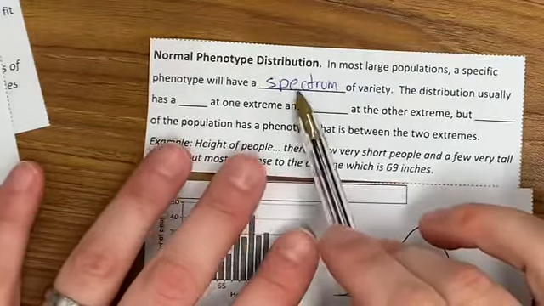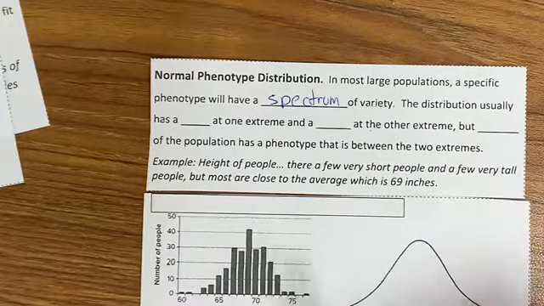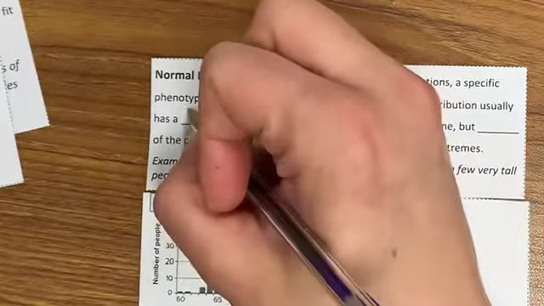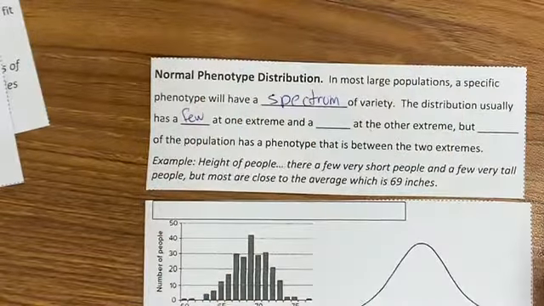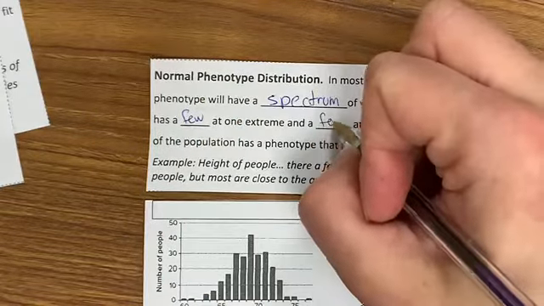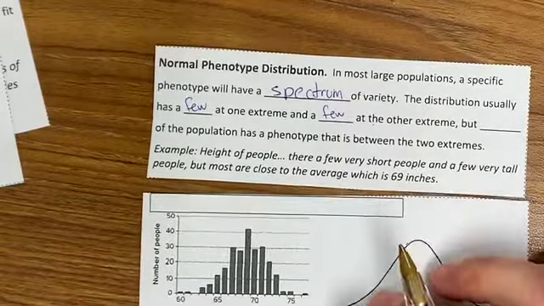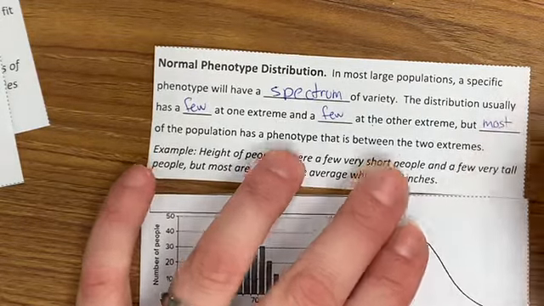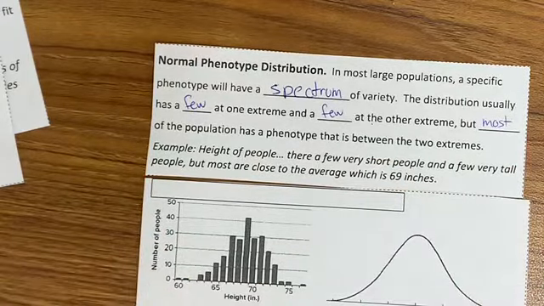There's a spectrum of variety. The distribution usually has a few individuals at one extreme and a few individuals at the other extreme. But most of the population has a phenotype between the two extremes.